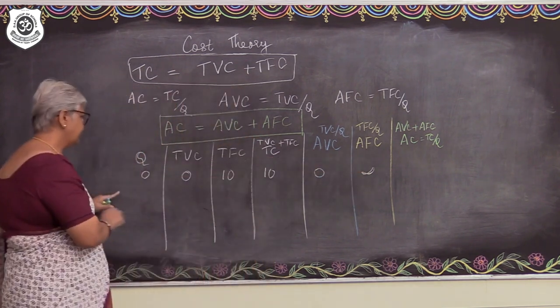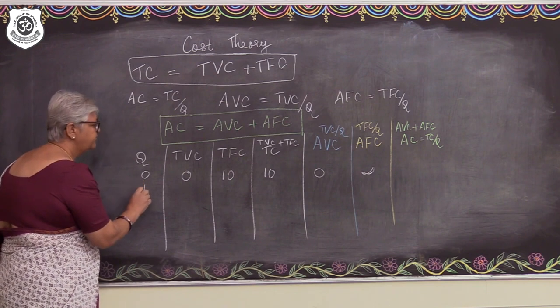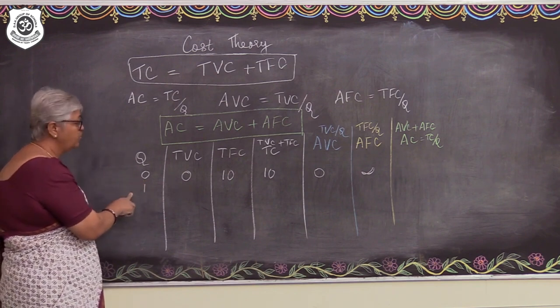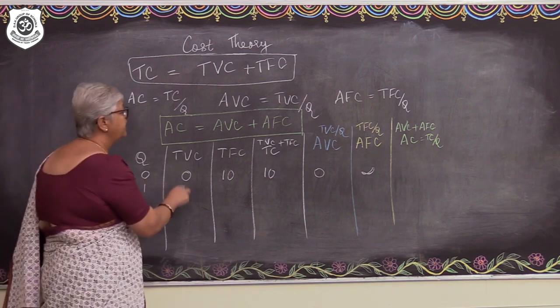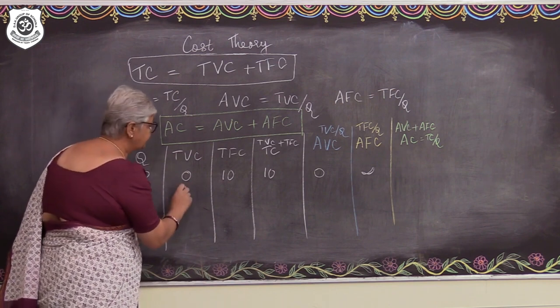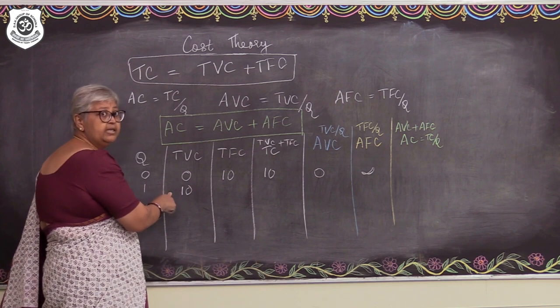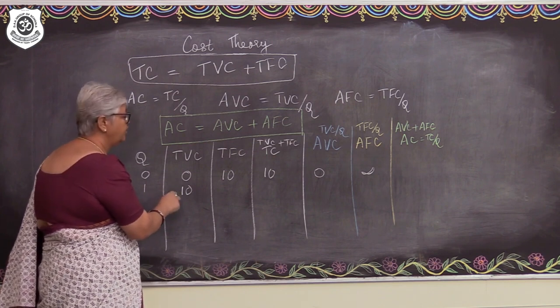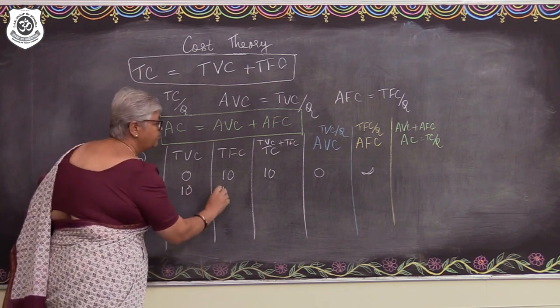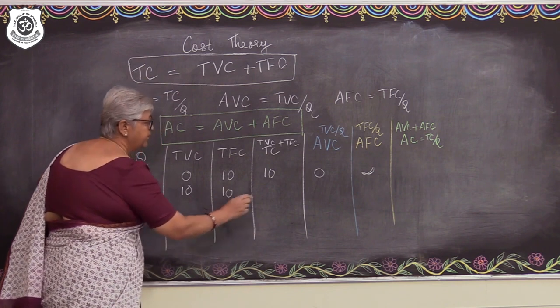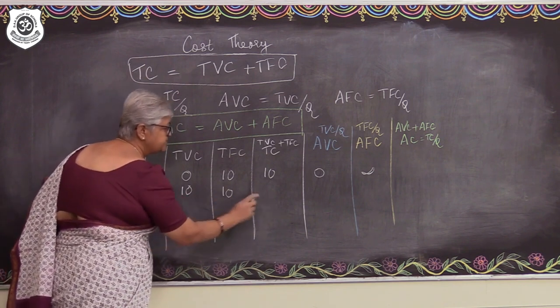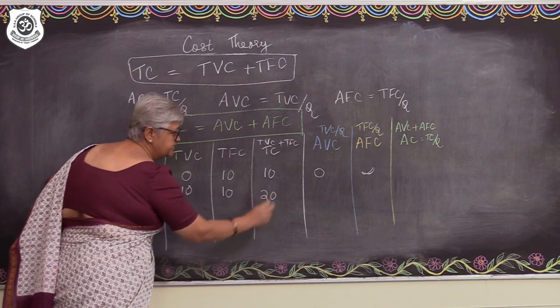Then moving on to the level of output, even as the first unit of output is going to be produced, you know that the total variable cost will start increasing, or the firm will start incurring the variable cost. So if it's going to be 10 units, the total fixed cost will remain the same and the total cost will be 10 plus 10, so that will be 20.